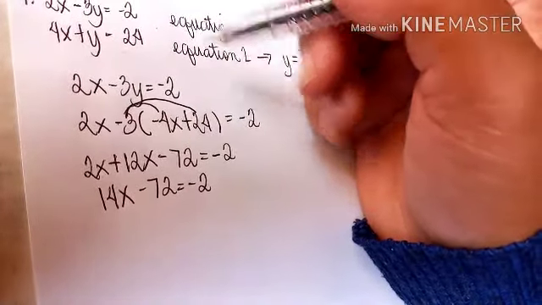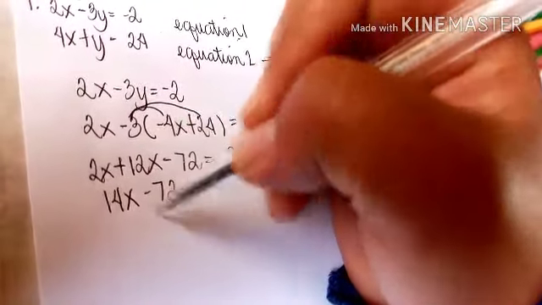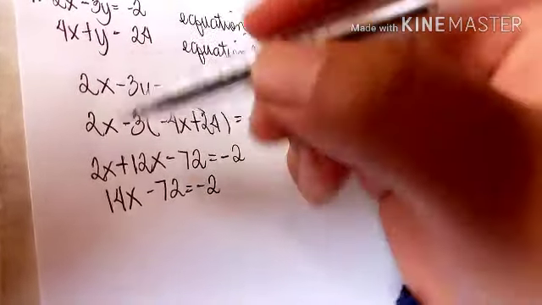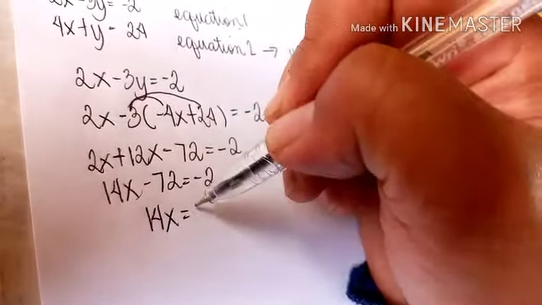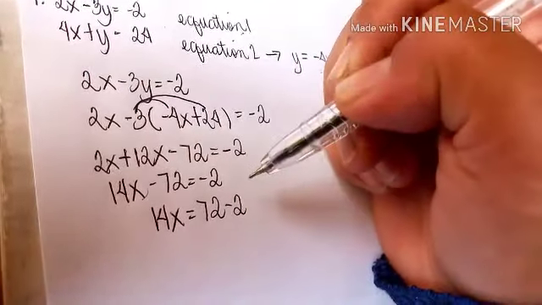Now after that, we transpose negative 72 to the right side of the equal sign to isolate the x variable. So we have 14x is equal to 72 minus 2.